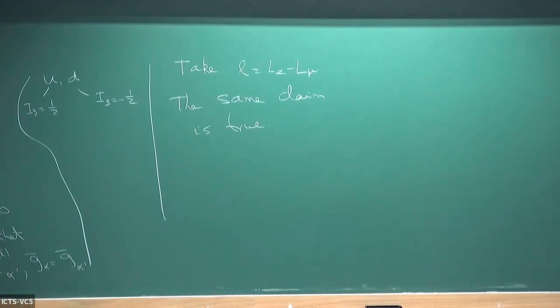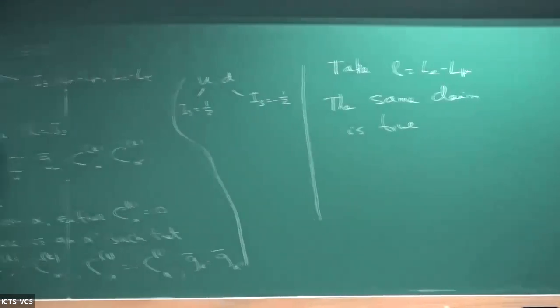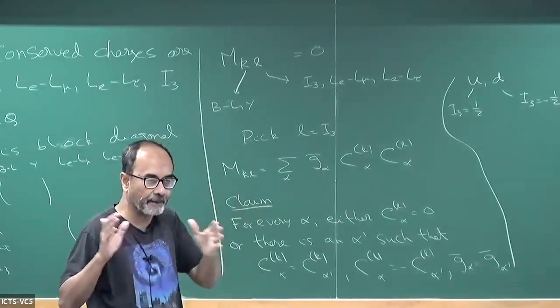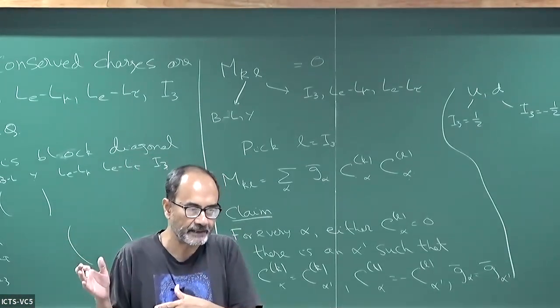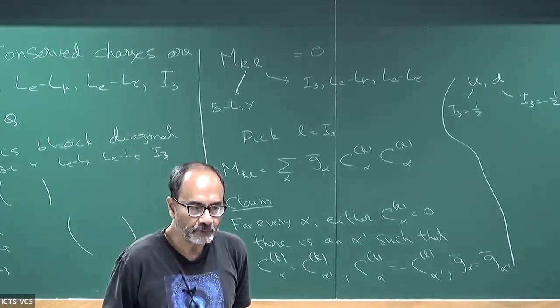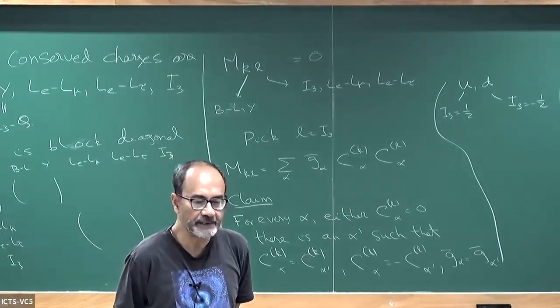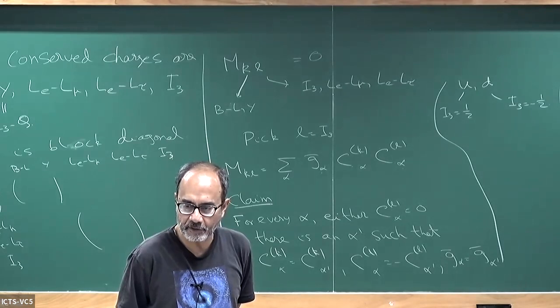These are just generations, and different generations have identical representation under SU2. So neither B minus L nor Y is going to be affected by this flip between e to mu and mu to e, because L is the sum of all three lepton numbers, Le plus L mu plus L tau. So L doesn't change, and B doesn't change because B is of course 0 for the leptons.